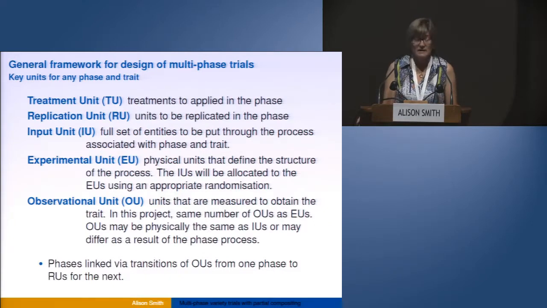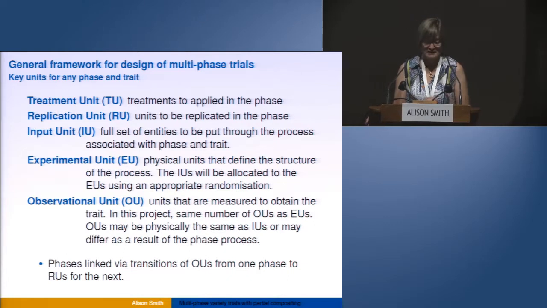So to get your head around designing for multiple phases, we've come up with this notation. It's not traditional sort of notation, but it captures the idea of experimental units within phases rather than just overall, because it's a complex business moving from one phase to the next.